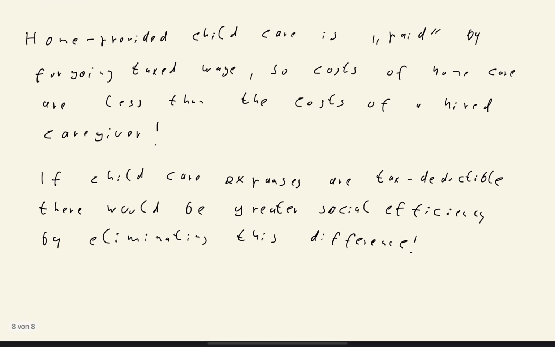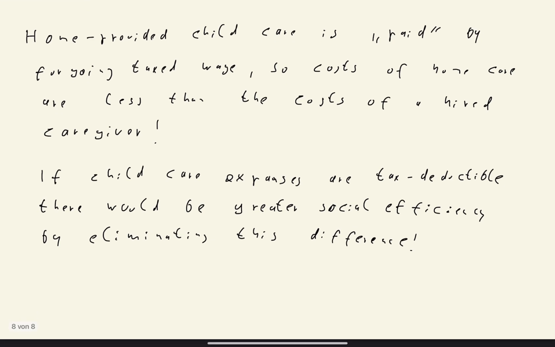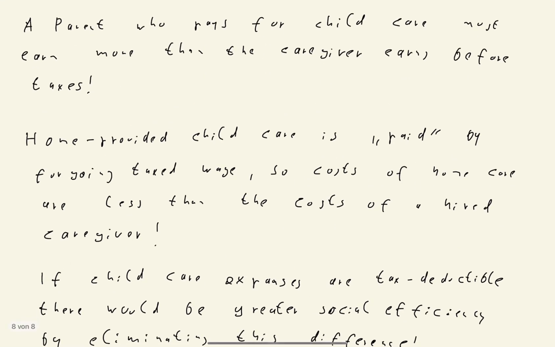Yeah, and for this reason, if you introduce tax deduction with respect to childcare expenses, you would diminish this difference, and hence there would be greater social efficiency because there would be less distortions. And this finishes exercise number 2.